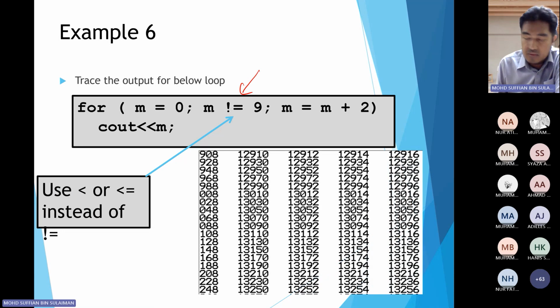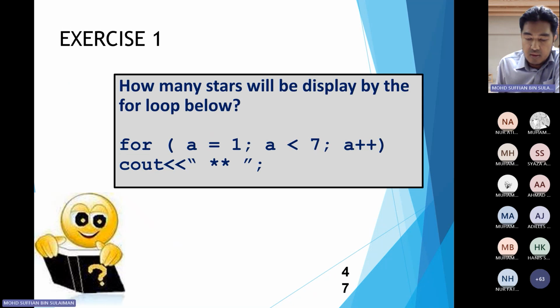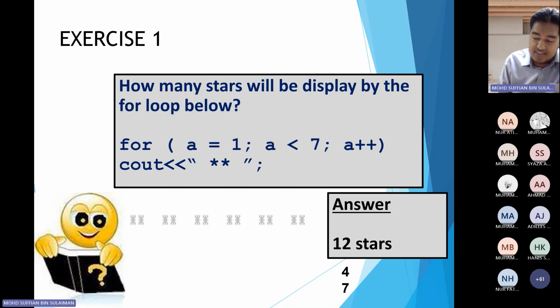So again, what happened? Infinite loop. How many stars will be displayed? Okay, ni senang. How many stars? How many stars, guys? How many stars, guys? 12. Very good. 12 stars.